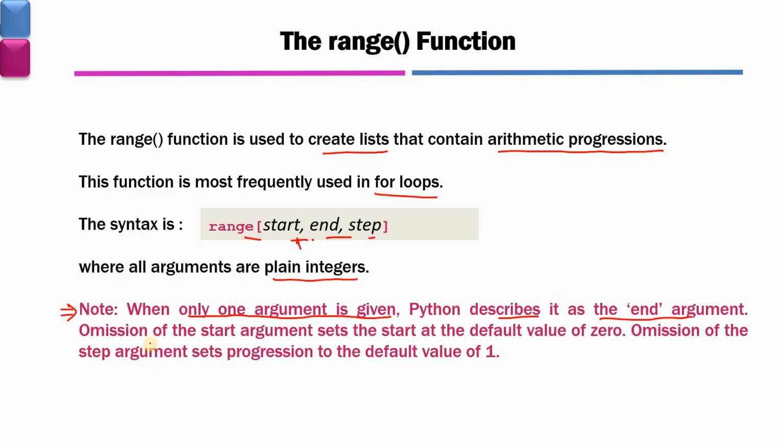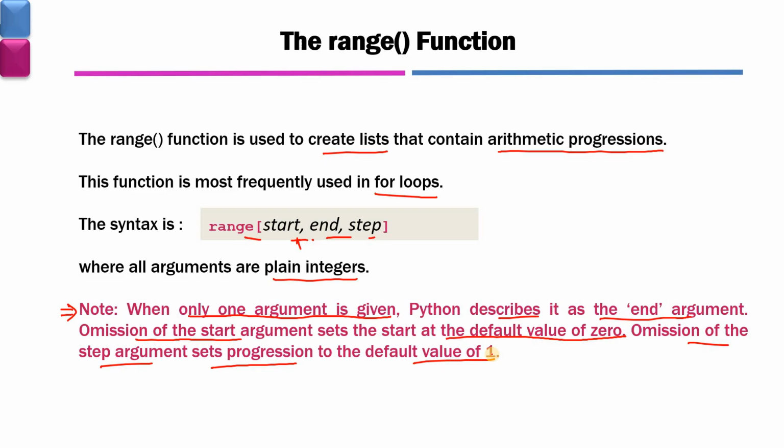And if start is not specified, then range will take the default value as 0. That means it will start from the first. And omission of the step argument, if you don't give step value, then the default value will be taken as 1. So I'll explain to you this range function by which you can create a list.